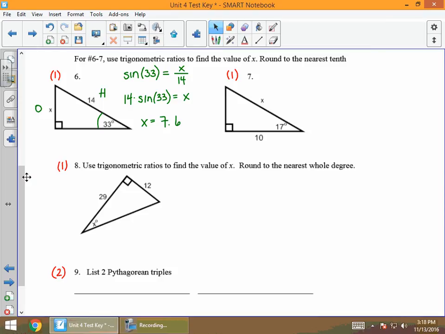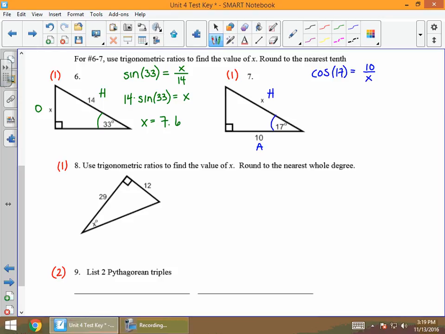And question number 7. Here's my angle. X is my hypotenuse. The blank side is opposite, so 10 is adjacent. So I have A and H, so that is cosine. So the cosine of the angle, 17, is equal to the adjacent 10 divided by the hypotenuse, x.